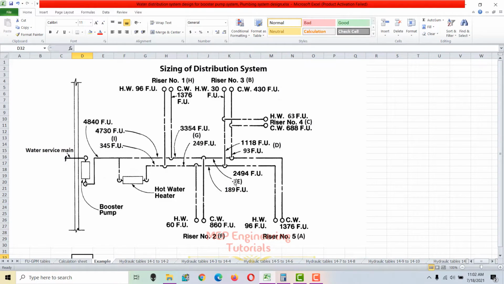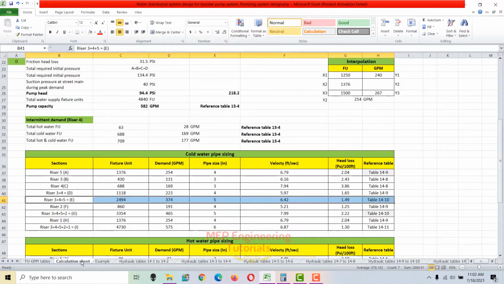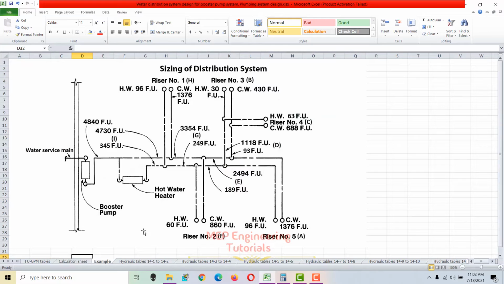So at this point it will be the sum of sections A, B and C, as well as D. D is basically the sum of riser 3 and 4.